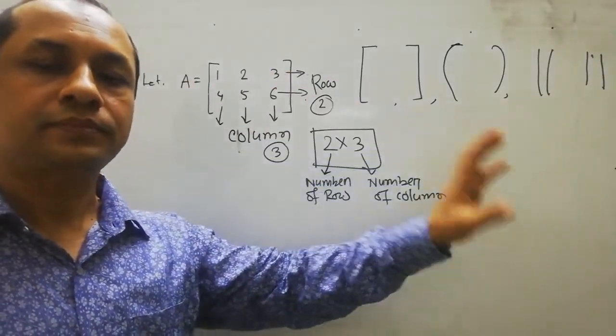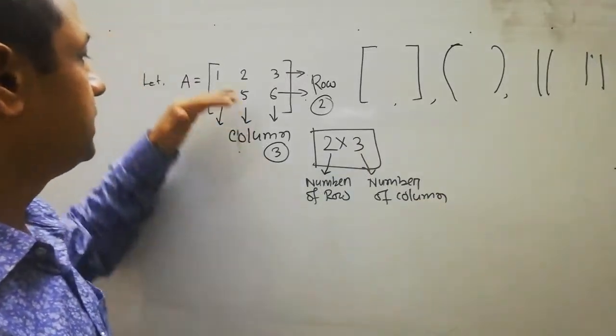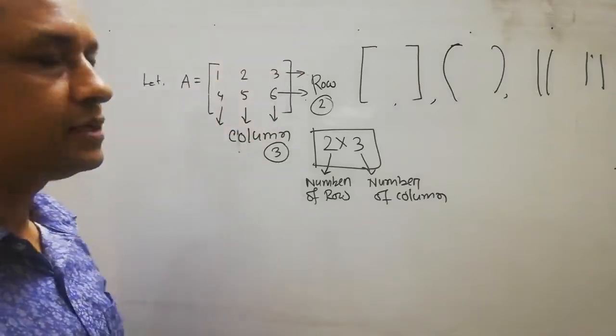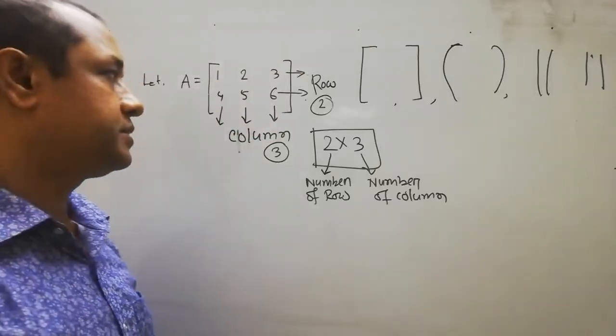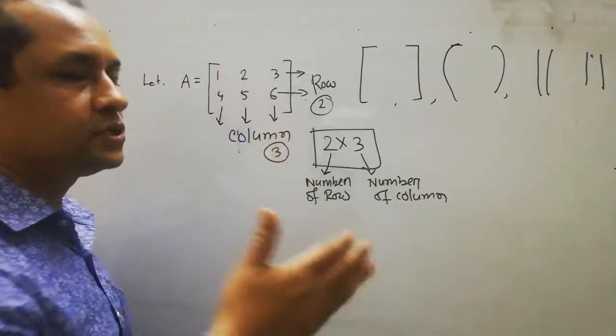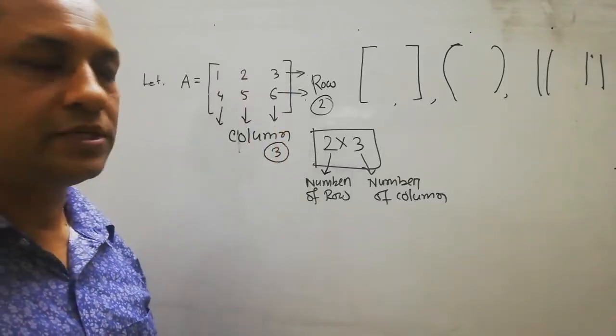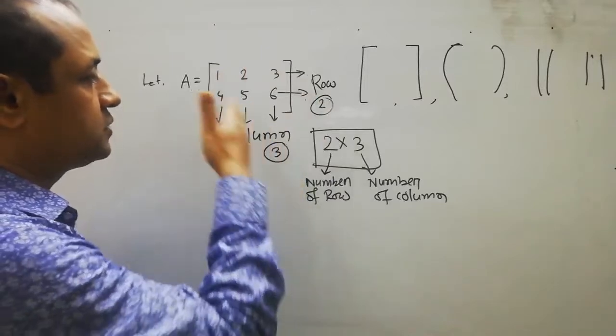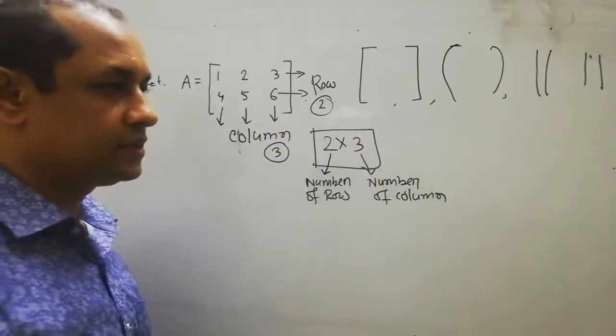Here 1, 2, 3 is a horizontal line. Horizontal lines are rows of a matrix and vertical lines are columns. So here 2 rows and 3 columns, so it is called a 2 by 3 matrix.